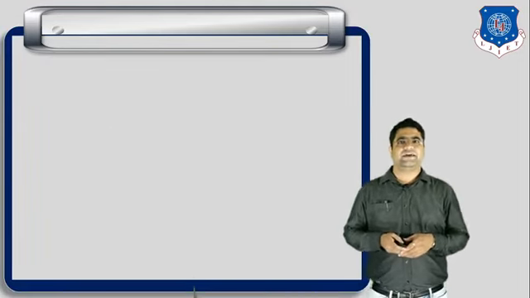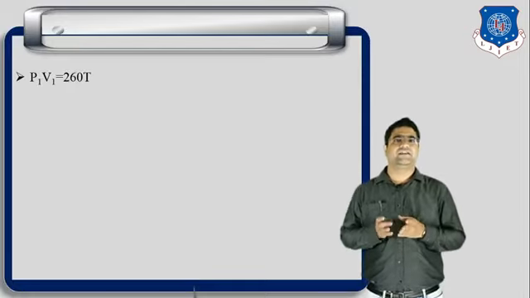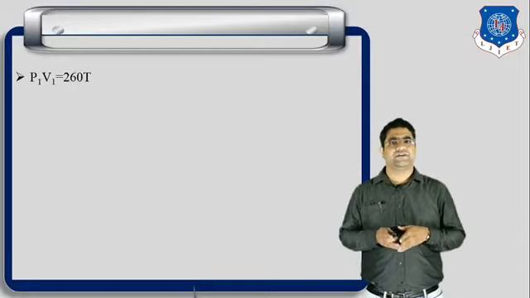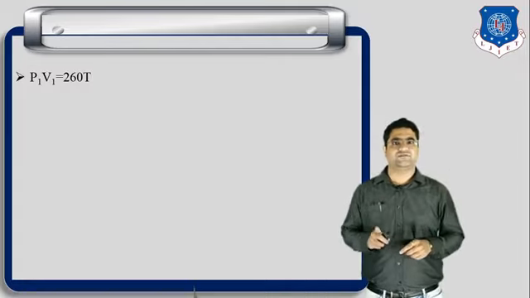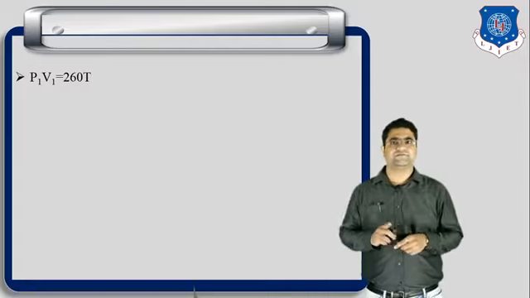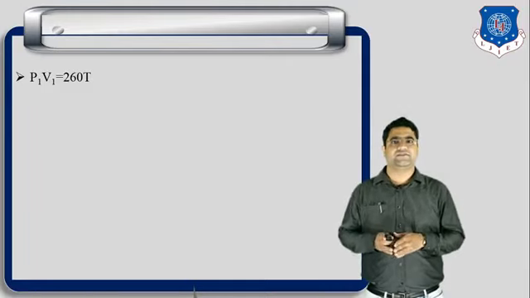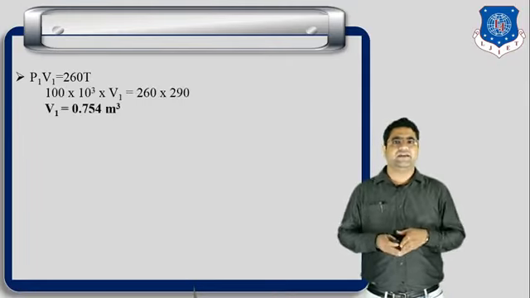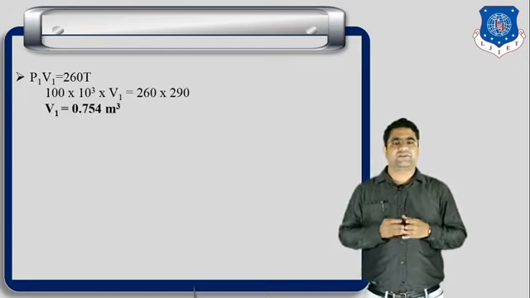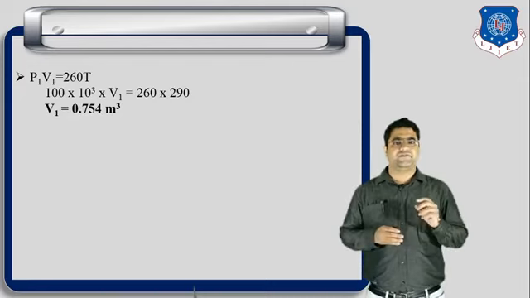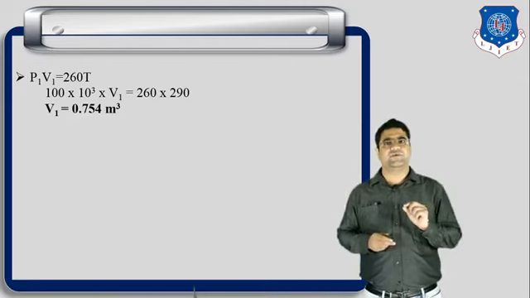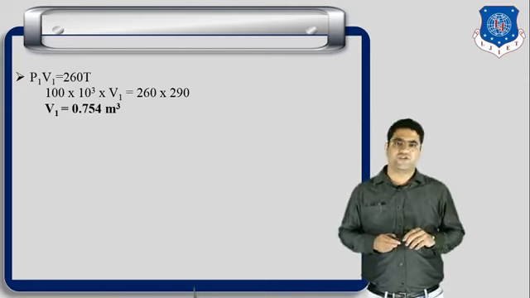Now our next task is to find the compression ratio. For this you have to find the value of V1. Again we use the characteristic gas equation, P1 V1 equals 260 T. So 100 multiplied by 10 raised to 3 into V1 equals 260 multiplied by 290, and we get V1 as 0.754 meter cube.